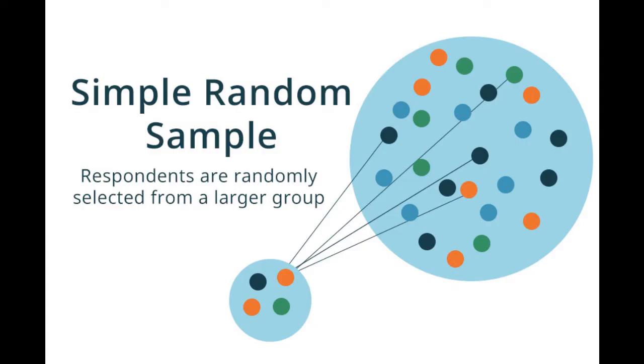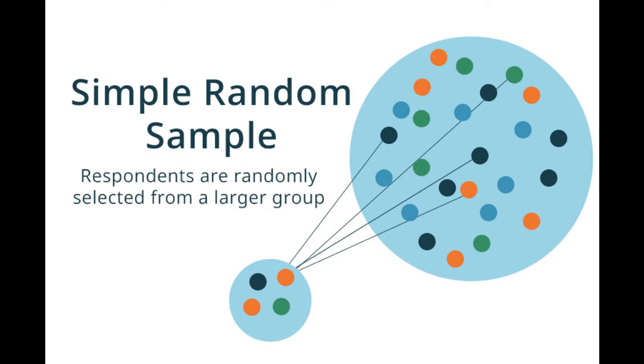In a simple random sample, every member of the population has an equal chance of being selected. Your sampling frame should include the whole population. To conduct this type of sampling, you can use tools like random number generators or other techniques that are based entirely on chance. A common way is the lottery method.